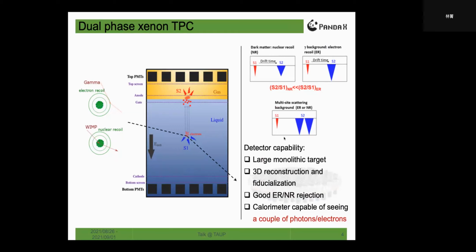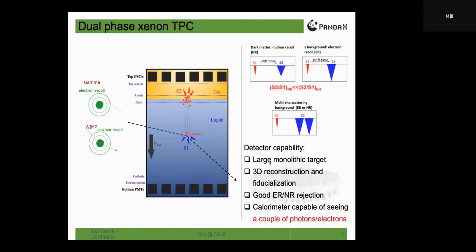We call this the S2 signal, and the S2 signal is proportional to the number of electrons drifted. On the waveform level, S1 and S2 have different widths due to their distinct production mechanisms and can be easily distinguished. The TPC is widely used in dark matter direct search and currently has the best sensitivity to WIMP search with mass larger than 10 GeV.